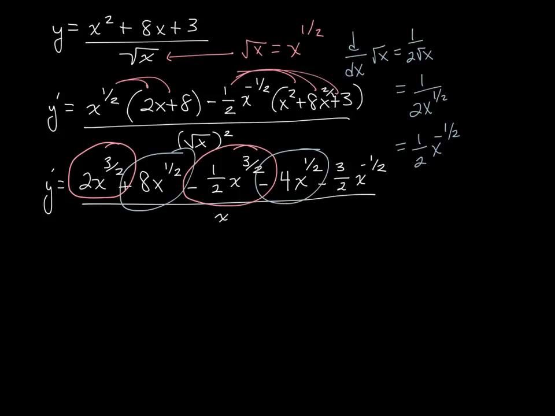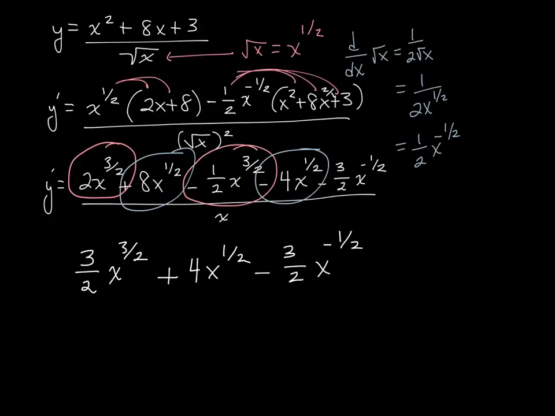So 4 over 2 minus 1/2 would be 3/2 x to the 3/2 power. I combine the 1/2 powers, so 8x to the 1/2 minus 4x to the 1/2 is going to be plus 4x to the 1/2. And then the lowly term that's all by itself, the last term.